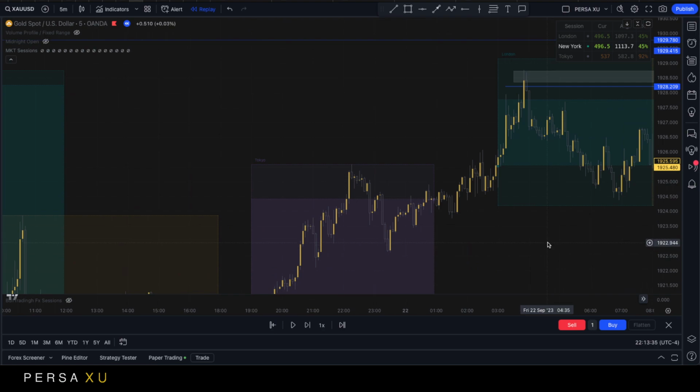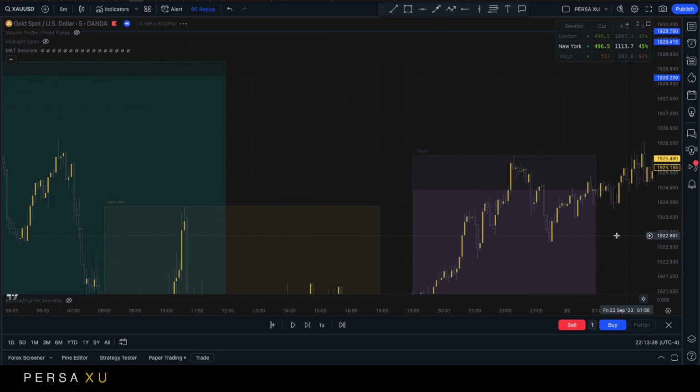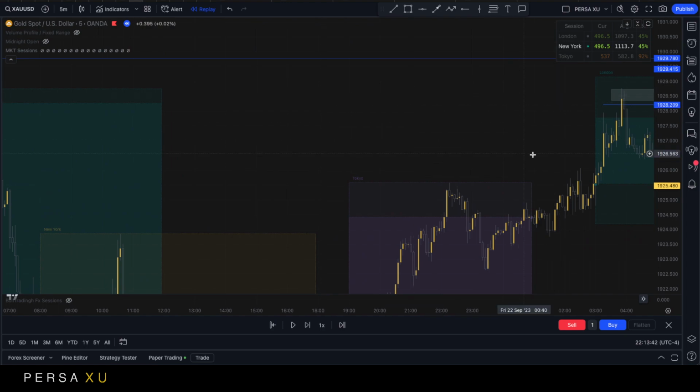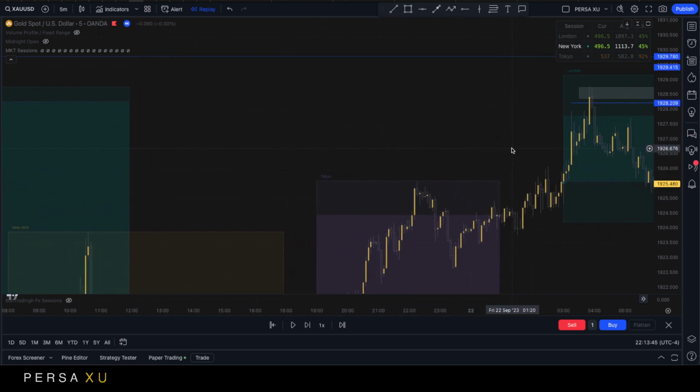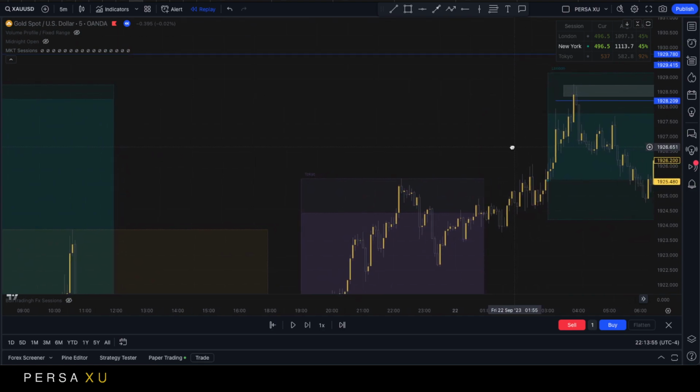What did your previous session do? Well, we see that London pushed all the way up here to where we had illustrated a potential resistance and imbalance area, and go back to my video because we have that over there. We drew that there, and it's coming down.